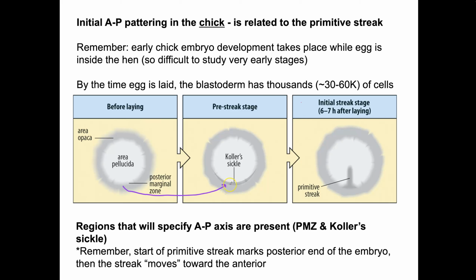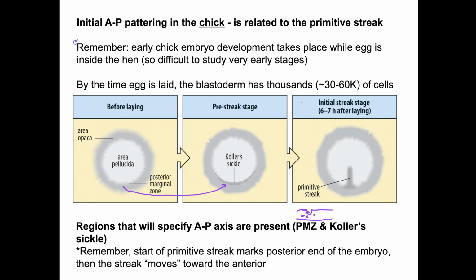And this is where gastrulation is going to begin, and the primitive streak is going to form. And remember that in that groove you have cells that are moving around, and then they're moving inside into the subgerminal space. So the cells are moving inside, and they're doing so not by involution, as happens in the frog and some other types of embryos, but through ingression.